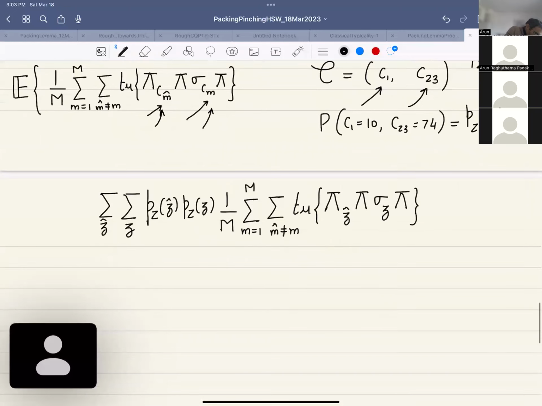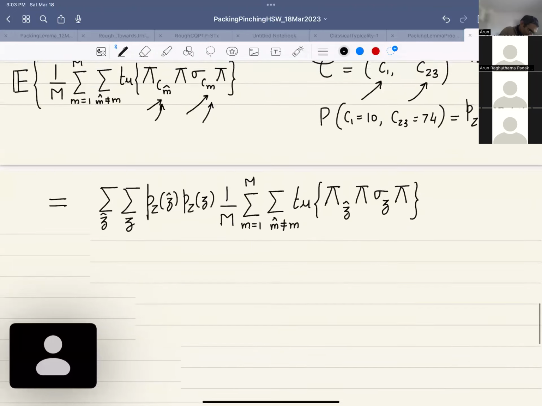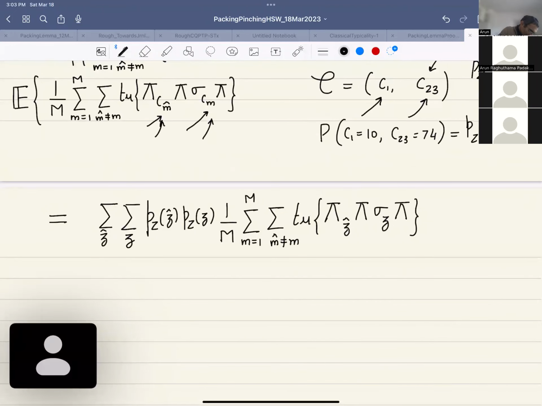I will just pause and let me know if you don't understand this step. So two code words can be the same, right? C1 and C2 can be the same, for example. That is why my Z hat could overlap. No problem with that.